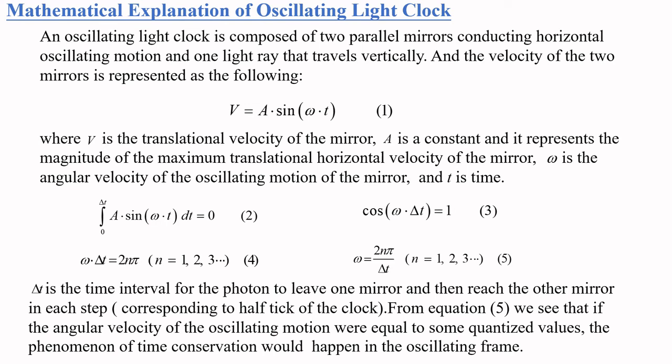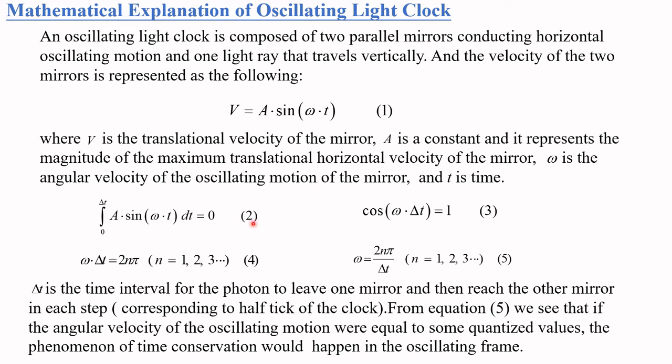This slide is about the mathematical explanation of the oscillating light clock. Equation 1 shows the velocity of the mirrors. Equation 2 shows the oscillating motion of the 2 mirrors.